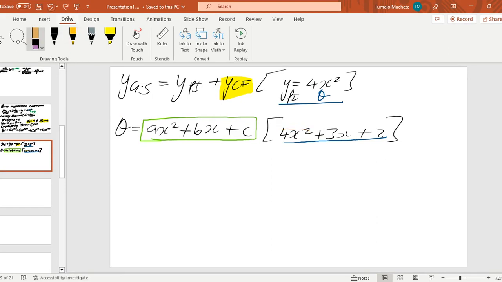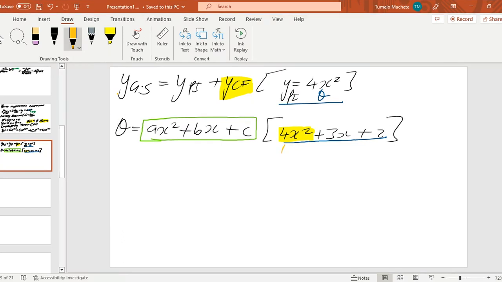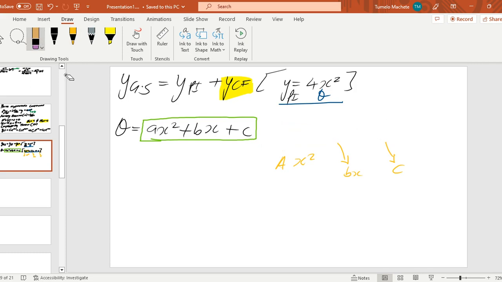I was just adding the other values, 3x plus 2, as an example to show that if you've got an equation like this, you replace the 4 with a, in ax squared, the 3 with b in bx, and the 2 with c. So in our case, we're only going to have ax squared.